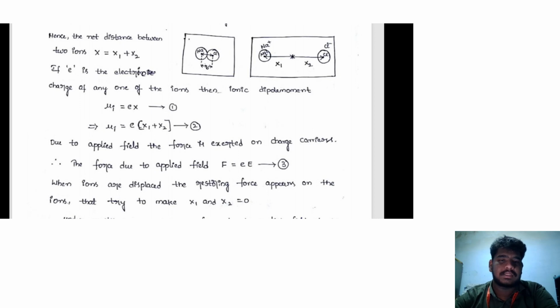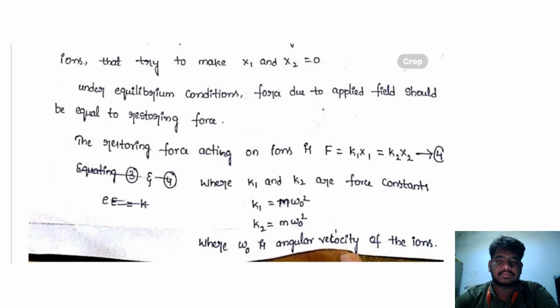When ions are displaced, the restoring force of the ionic bond tries to make x1 and x2 equal to 0.